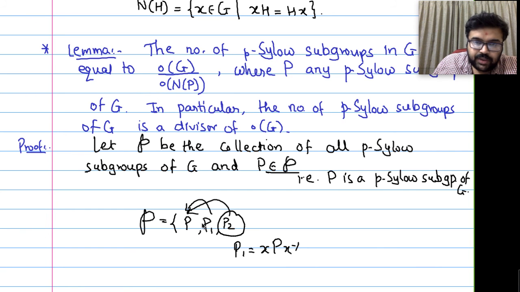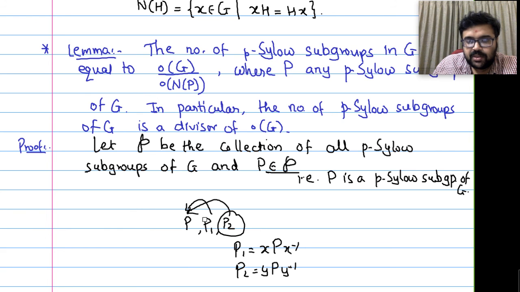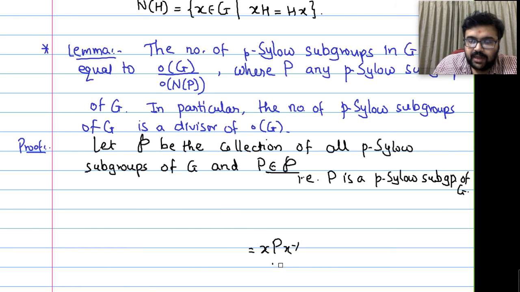P2 is also a conjugate of P, so P2 I can write as yPy^{-1} for some y. So any p-Sylow subgroup is a conjugate of P, because any two p-Sylow subgroups are conjugate. Therefore any p-Sylow subgroup I can write as some xPx^{-1}.